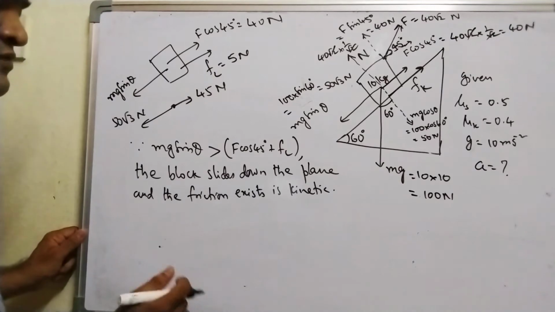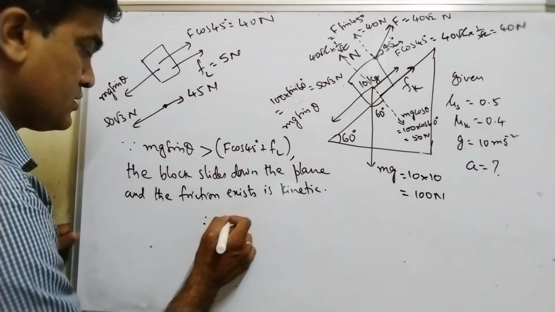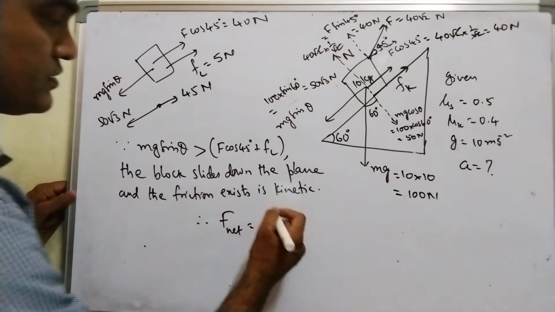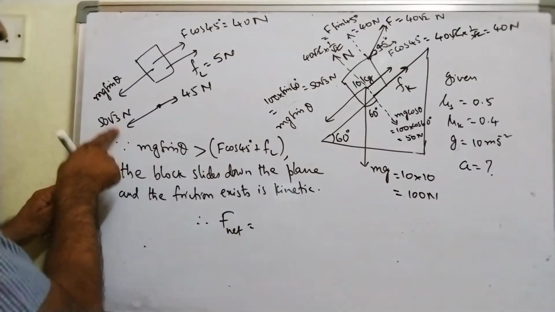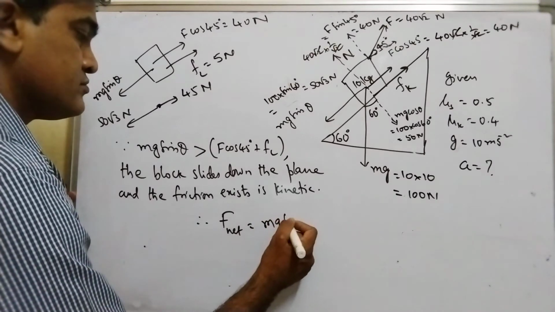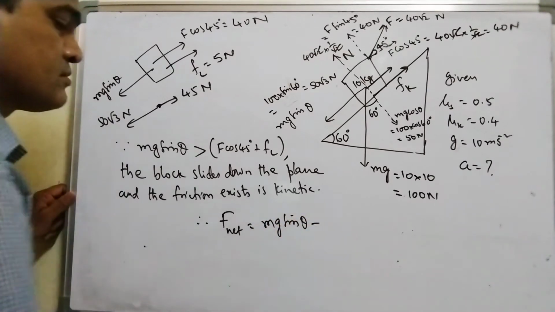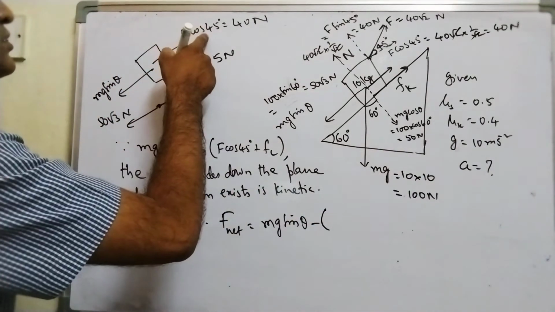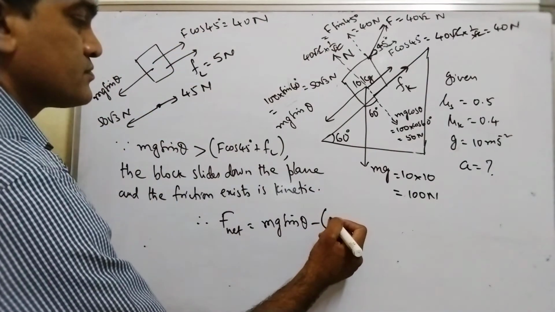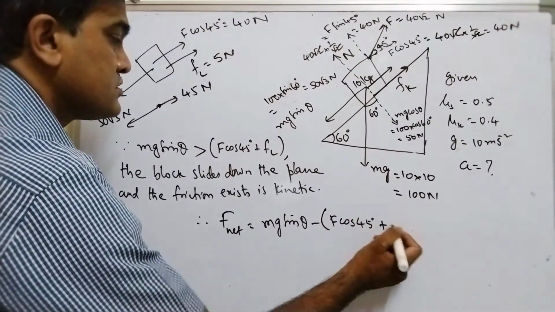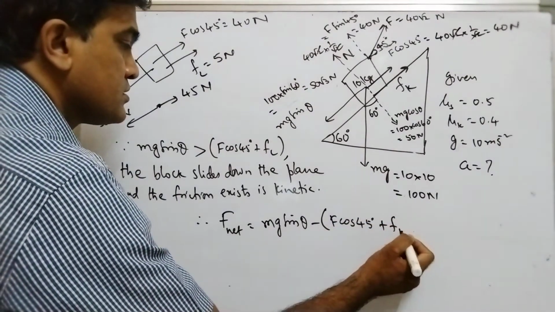So therefore, net force is equal to mg sin theta, which is greater than these two forces. So I can write like this: mg sin theta minus, what are the remaining two? These two, F cos 45 degrees plus Fk.